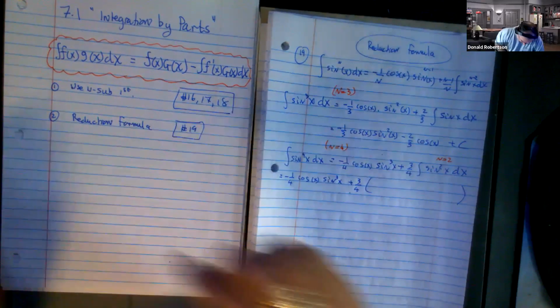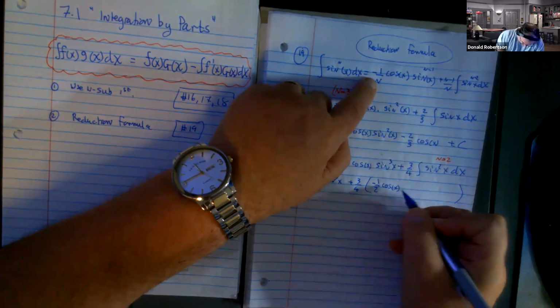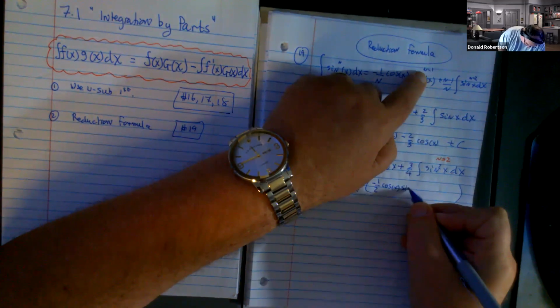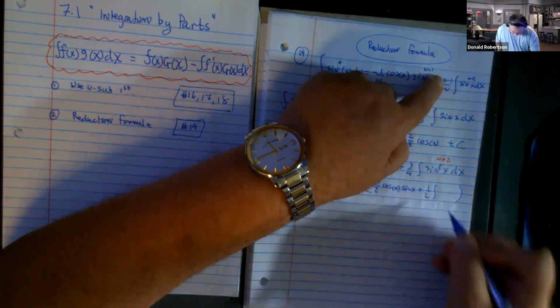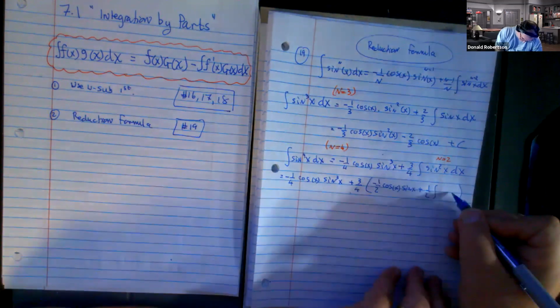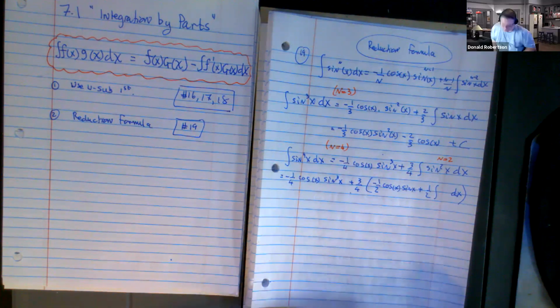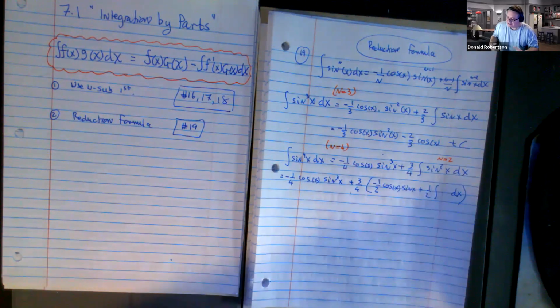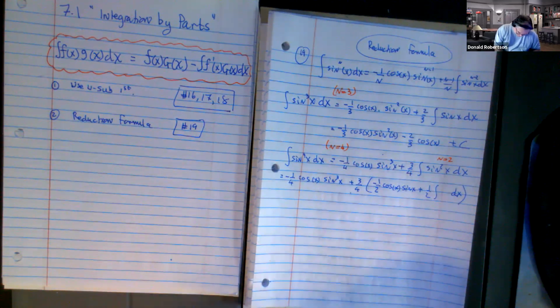So negative 1 over n becomes negative 1/2 cosine x. 2 take away 1 leaves you with 1, so that's sine x plus 1/2 the integral of sine x to the power of 0. What's sine x to the power of 0? Interesting. It's just 1. x to the 0, e to the 0, sine x to the 0. If you take any expression and raise it to the power of 0, you get 1.